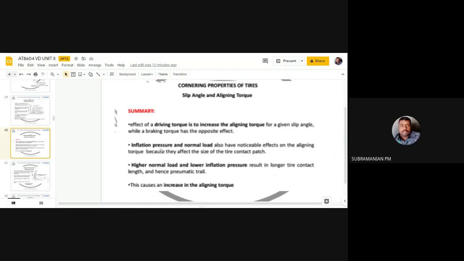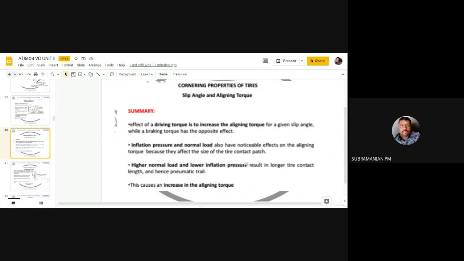Inflation pressure and normal load will have only a little, noticeable effect, because they affect the contact patch area. Based on the contact patch only, I am going to get the cornering force, and cornering force is what decides the aligning torque.